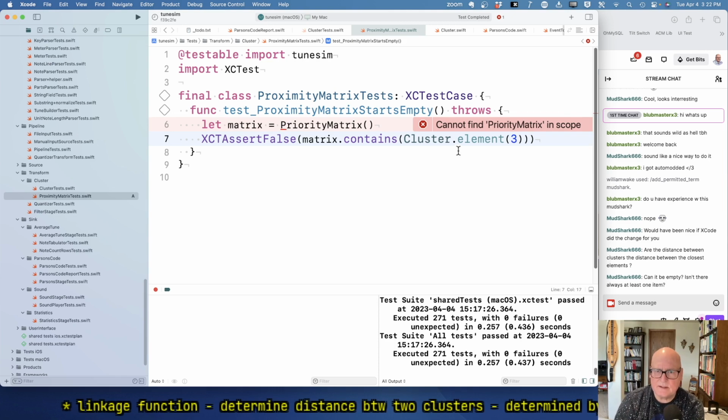See, this is starting to make me think, this should only contain clusters, not individual elements, because we really want to ask it for sequence numbers, right? We want to say for sequence number 1 and 5, what's your distance?